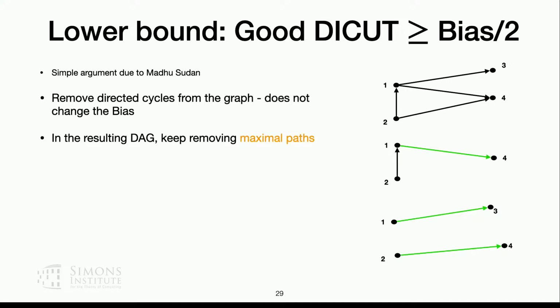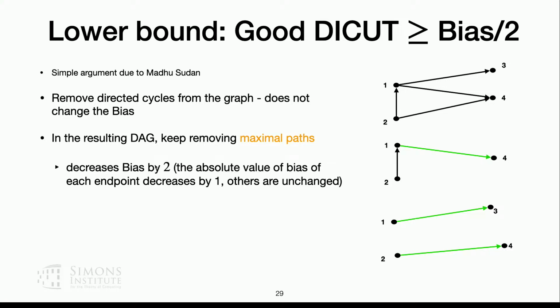And in the resulting DAG, let's keep removing maximal paths. A maximal path goes from a source to a sink. The source has out-degree greater than in-degree, and the sink has in-degree greater than out-degree. So if you look at a path, there should be at least one edge such that the left endpoint has out-degree greater than in-degree, and the right endpoint has in-degree greater than out-degree.